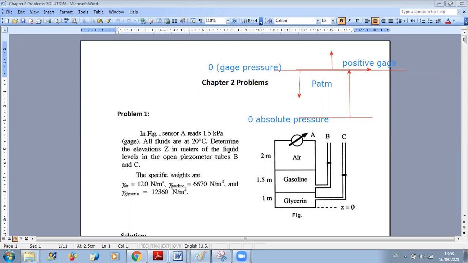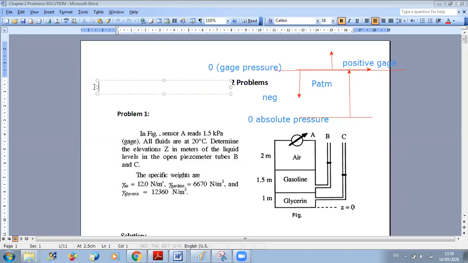you have a negative one. Doctor, is P gauge minus P atmospheric equals 0? No, of course not. Look, you have any pressure.